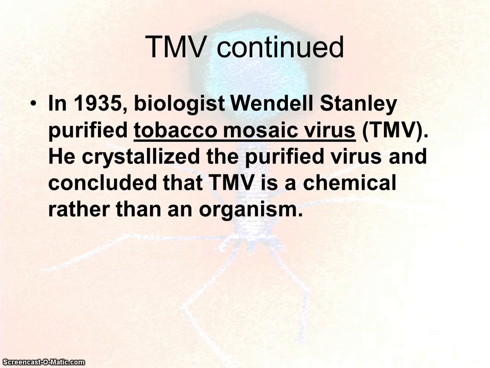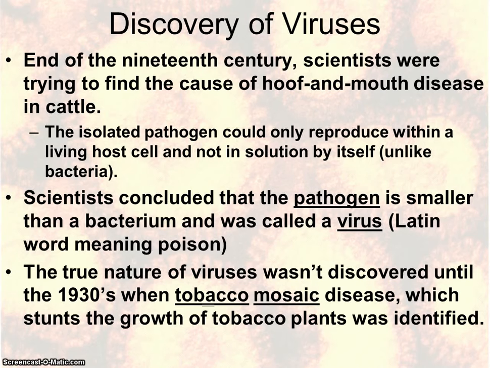Now this last part here at the bottom, back in the 1930s. Back at the end of the 19th century, we knew about a virus. We knew that they were out there because of this discovery. But not until the 1930s did we dig deeper into viruses and discover their makeup and how they function.